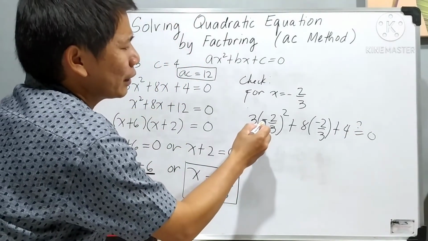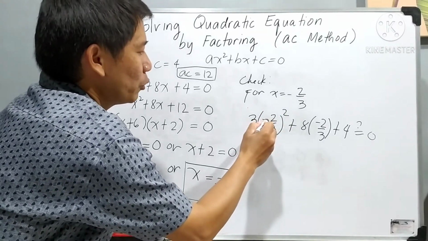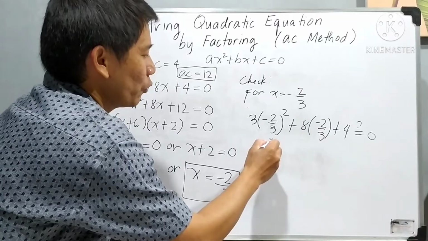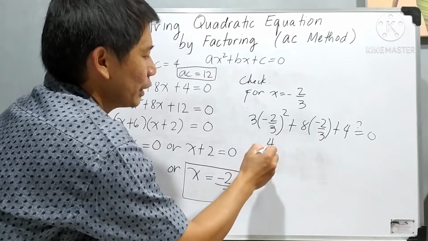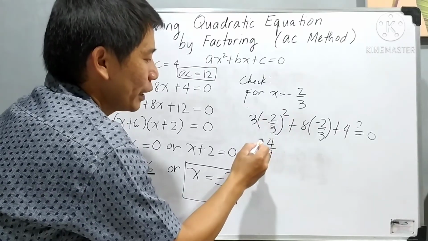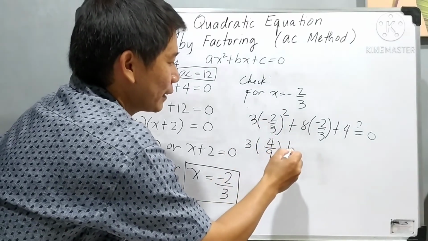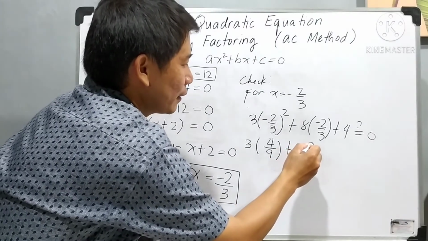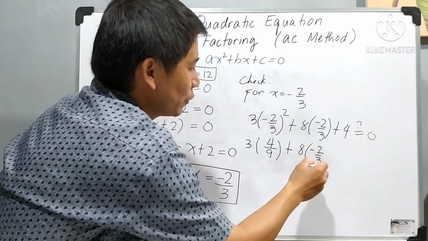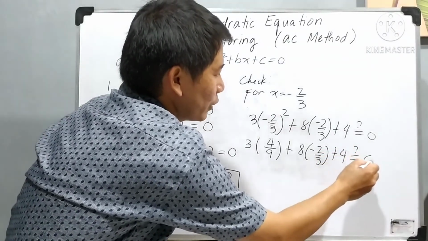So what is negative 2/3 square? That is negative 2 times negative 2 is positive 4 over 3 times 3 is 9. So negative 2/3 squared is 4 over 9. So times 3, plus 8 times negative 2/3 plus 4, is that equal to 0?